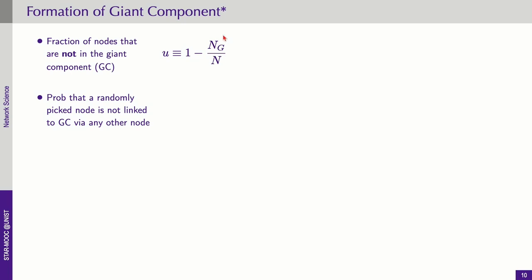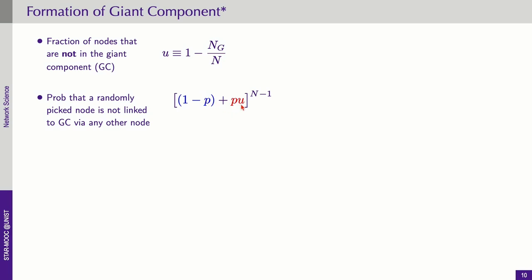Next, we see the same probability U, but from a node-centric perspective. If we pick a random node and consider its potential connections to all the other n minus 1 nodes, each trial for linking ends up with either a failure with probability 1 minus p, or a success with probability p.